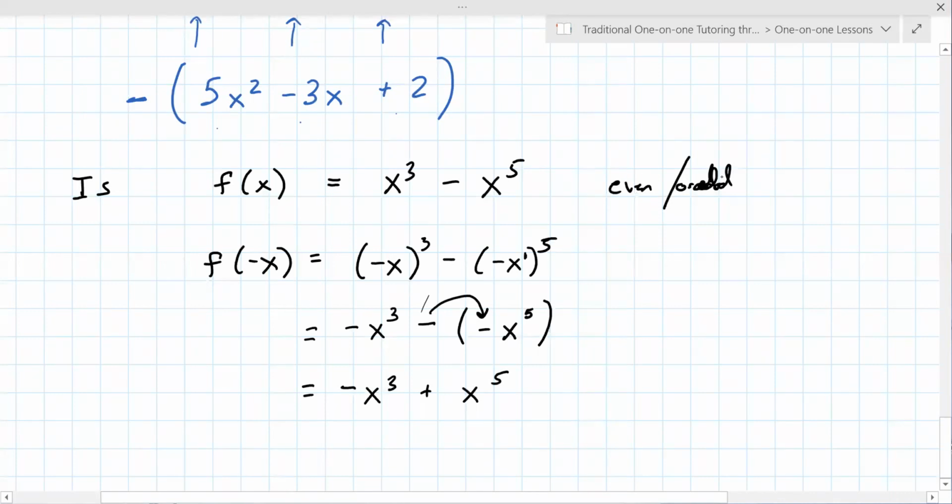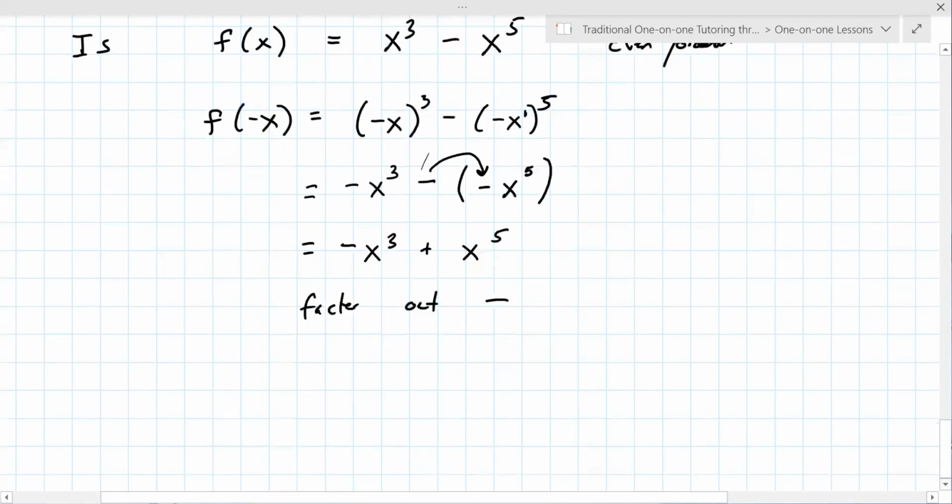To figure out whether it's odd, we have to factor out a negative. And when we did that in the previous example, you noticed that each of these changes sign. So if it's negative x cubed, what is it going to become in here? A positive x cubed. And plus x to the fifth will be minus x to the fifth.